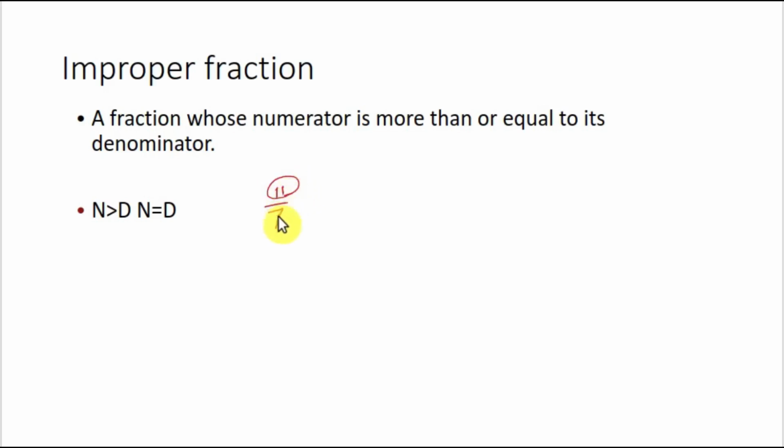Numerator is more than the denominator. Or, for example, 53 by 53. Both the numerator and the denominator are equal. So a fraction whose numerator is more than or equal to its denominator is called an improper fraction.